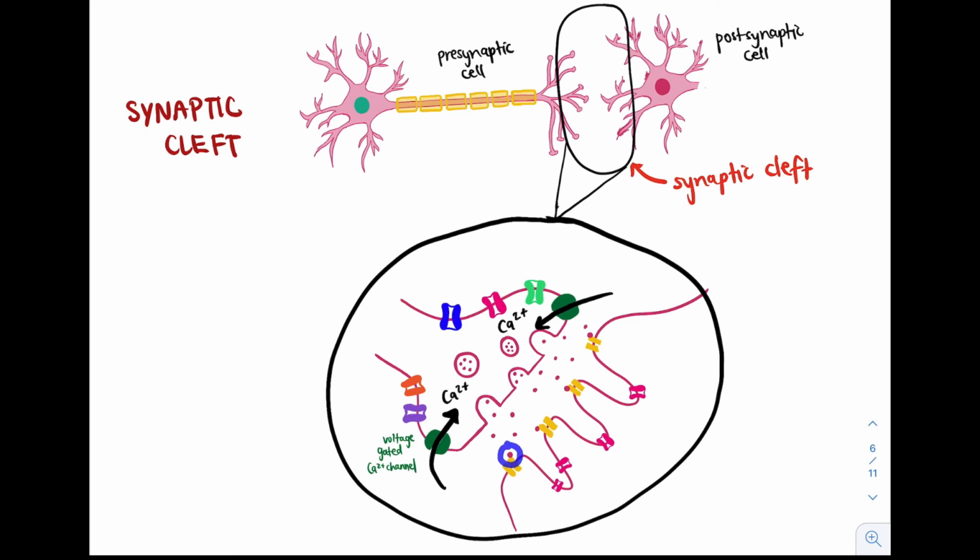Now, when these channels open, they're going to allow sodium to enter the next cell. So here we have sodium entering the cell, the postsynaptic cell, and we also have sodium here, and this is going to depolarize the next cell and allow the cell to fire an action potential that continues to send the signal.